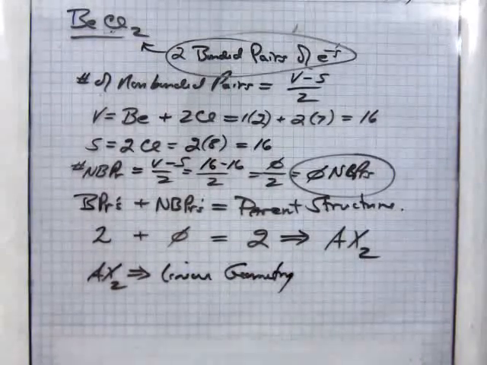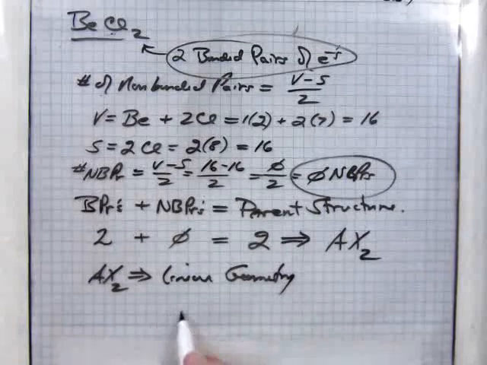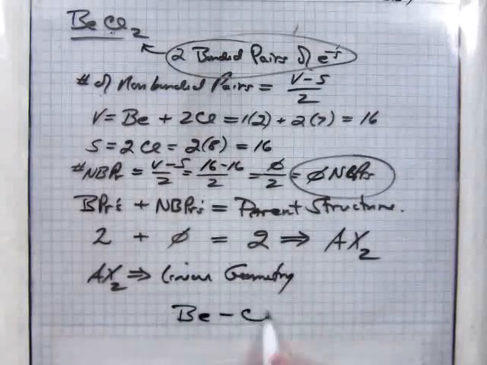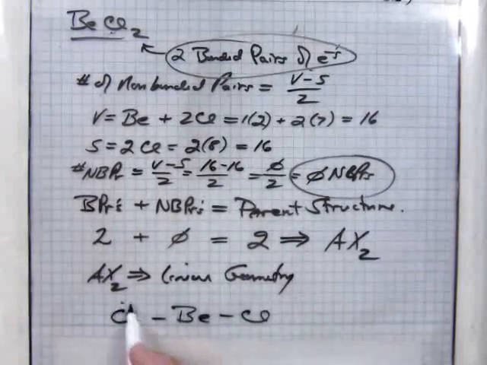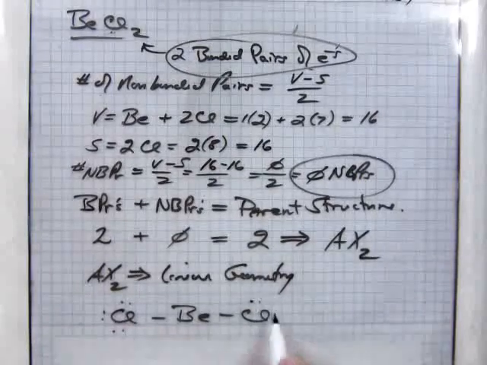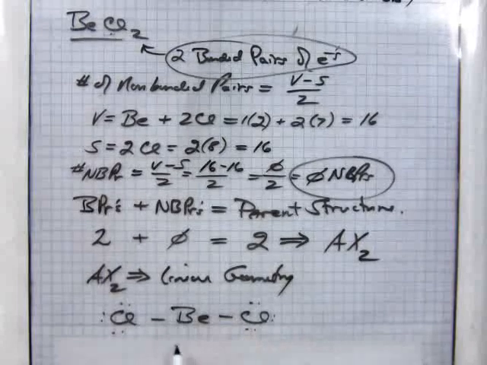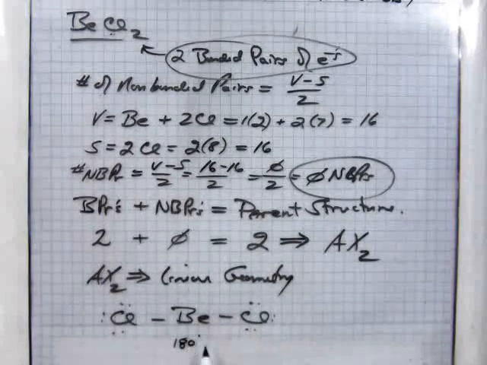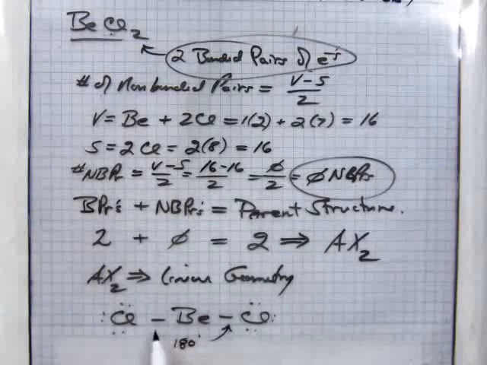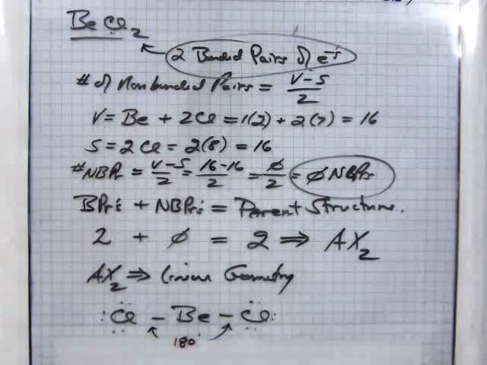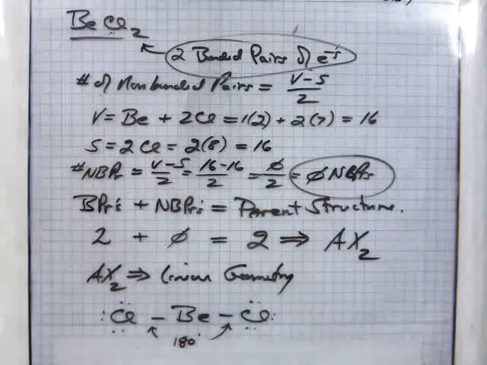Okay? So we can draw our molecule like this, put in the appropriate non-bonded pairs around chloride, fill up the octet for chloride, and we know that this is a 180-degree bond angle between the bonds on that one, and they will repel to a linear structure. So beryllium dichloride is a linear molecule.